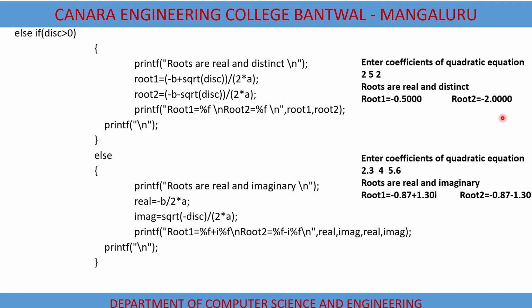Then we check whether the discriminant value is 0, greater than 0, or less than 0. In this case the discriminant value is less than 0, so it is going to print the roots are real and imaginary, and it is going to calculate the real value and the imaginary value, and print the values as calculated.